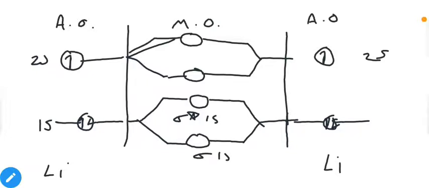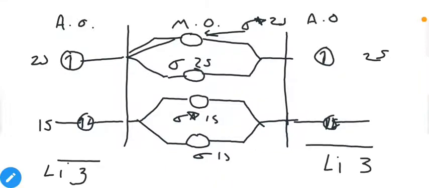So the bonding molecular orbital is sigma 2s and the anti-bonding is sigma star 2s. Now the total number of electrons is 3 from the first atom, 3 from the second atom. So we have to arrange 6 electrons in these molecular orbitals. So 2 electrons will fill sigma 1s, 2 will be added in sigma star 1s, and then 2 in sigma 2s. Now 6 electrons are fully filled, so this last orbital will remain empty.